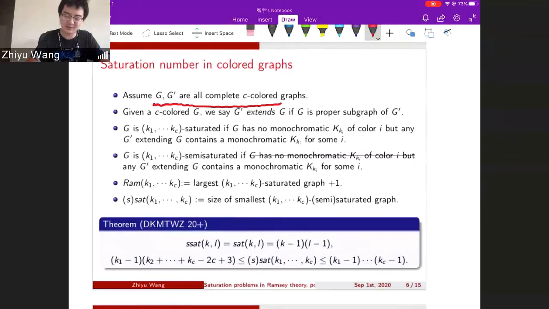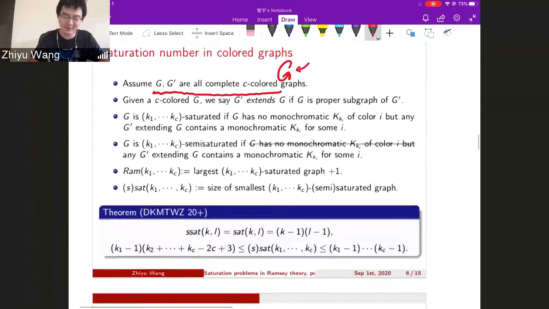So what I do here is basically restrict to a family of graphs, and of course this can be made more general, since you can define an arbitrary family of graphs. Here, both are taken from complete C-color graphs. And then we say G prime extends G if G is a proper subgraph of G prime.